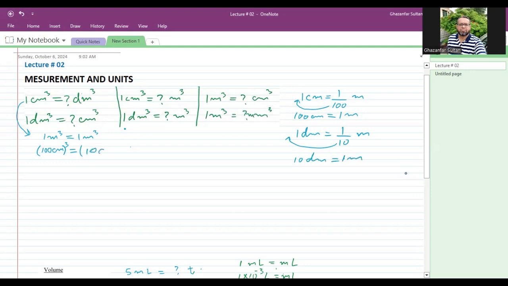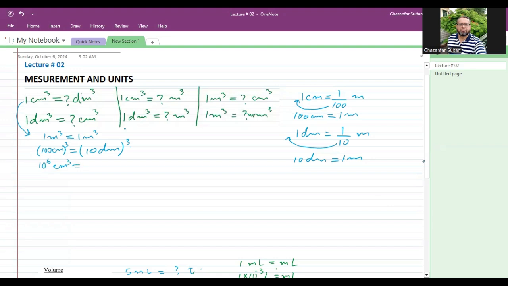So here it would be 10 decimeter cube because it is in cube. Now you do further calculation. The cube of 100 would be 1 million, and you can write 1 million as 10 raised to power 6 centimeters. It itself is in cube now.